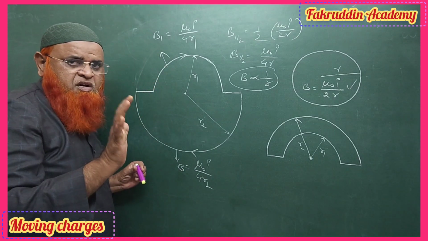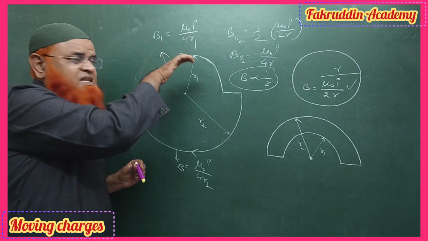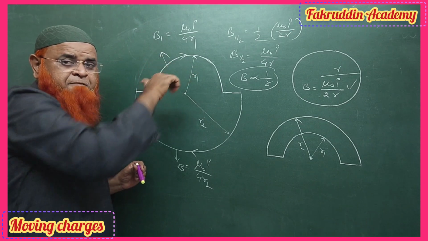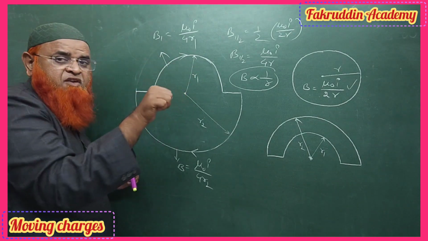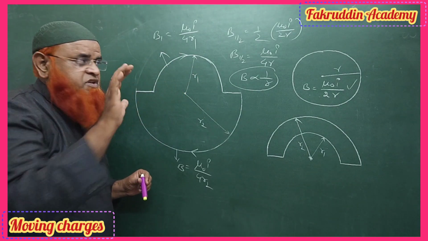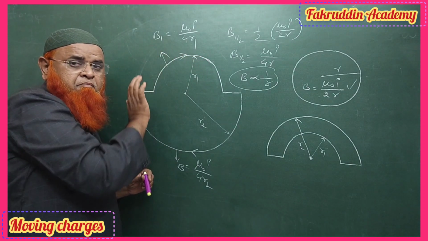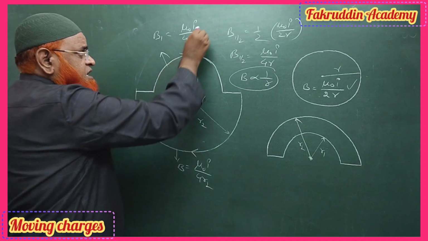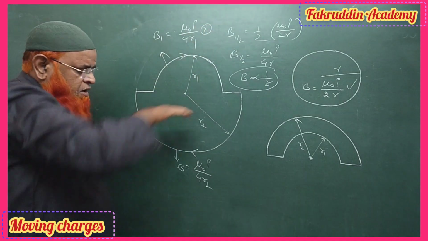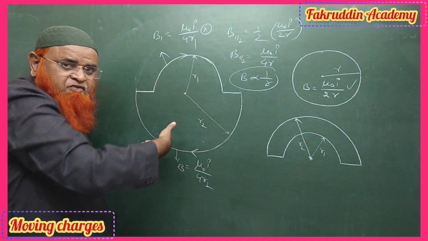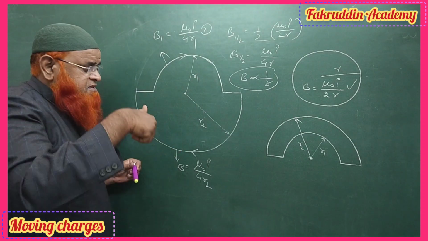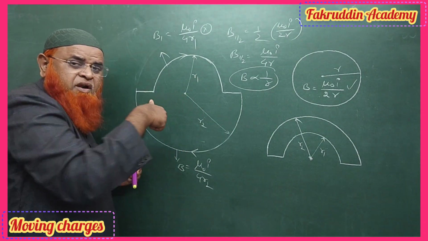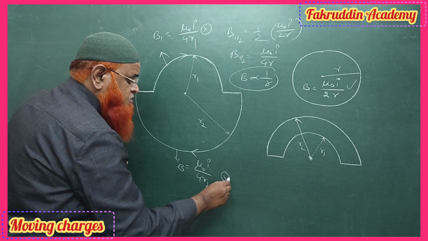Here, if you observe, the four fingers are the direction of current and the thumb is the direction of magnetic field. If you take this as the direction of the current, the thumb is inside the board, so this is into the board. Here also, along the direction of the current, if you keep the four fingers, the thumb is into the board. This is also into.